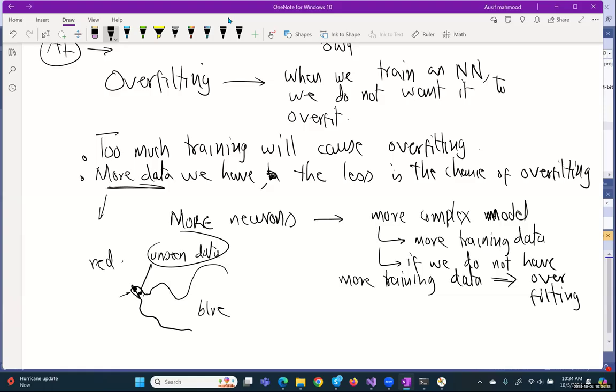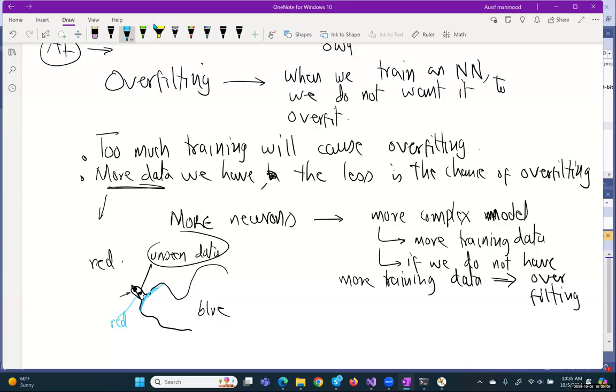See, if it was a smooth boundary, right, then you can see most likely our data boundary is like over here. Okay, but because of that noisy data, it created this extra peak over there. So this unseen data, as you can see in the overfitted model, will be classified as red, which is wrong.